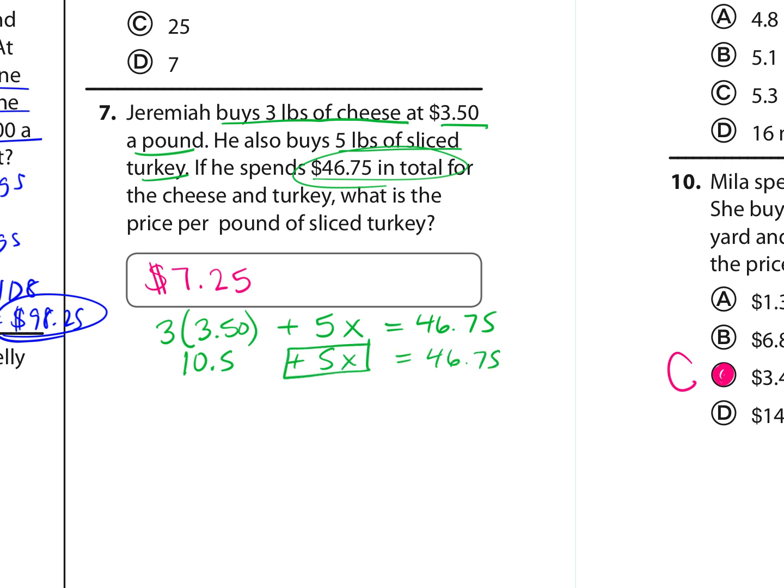We're just solving a 2-step equation. And what happens here is we're subtracting the price of cheese, $10.50, to find the price of turkey is $36.25. That was for 5 pounds. So when we divide by 5, we get the price for each pound is $7.25.